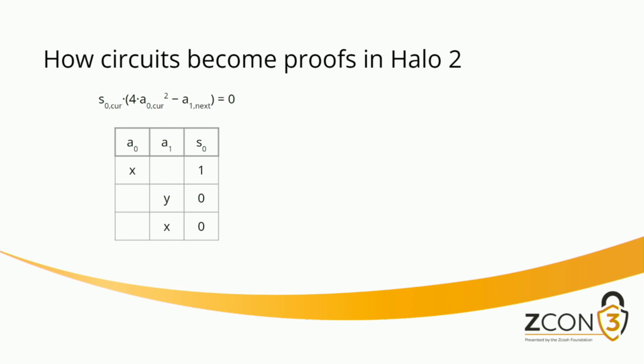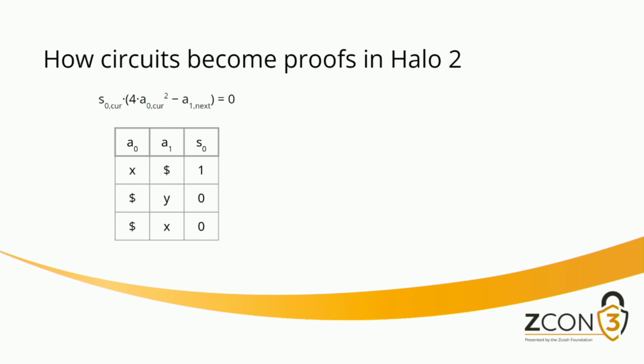Each of the columns in this table abstraction is actually represented by a polynomial in the proving system. So we start by taking any cells that aren't filled in the table, and we fill them in with random values in the witness values.